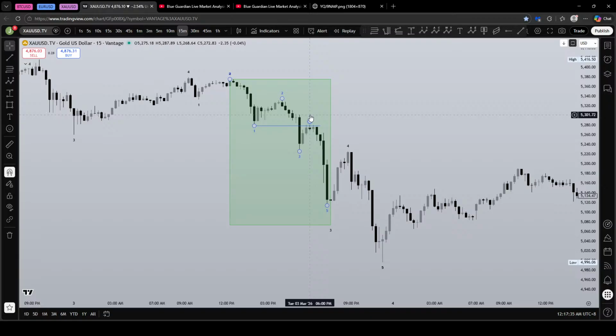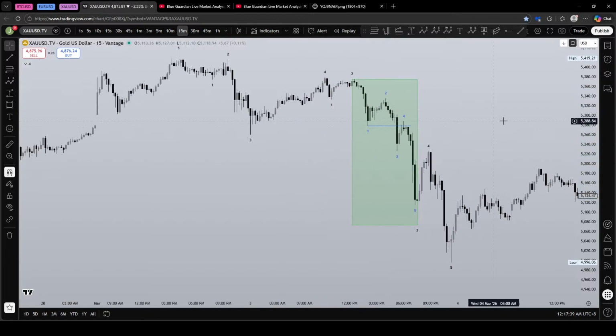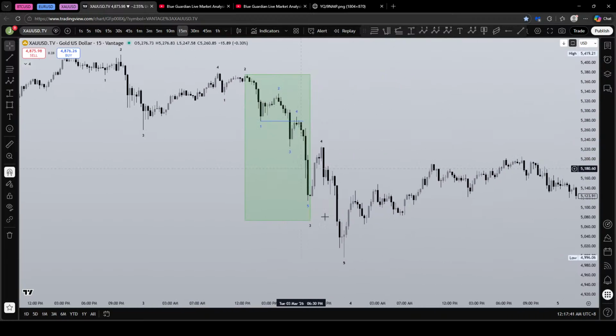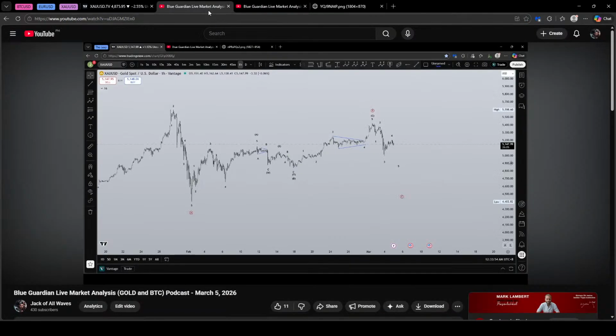And this is exactly the reason why I did not consider this as a possible wave 3 based on my original counting that I shared with you in my live market analysis hosting last March 5, 2026.